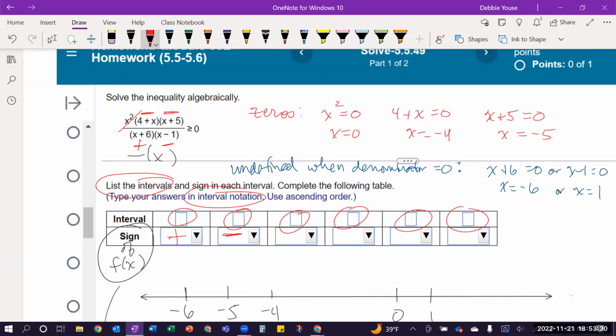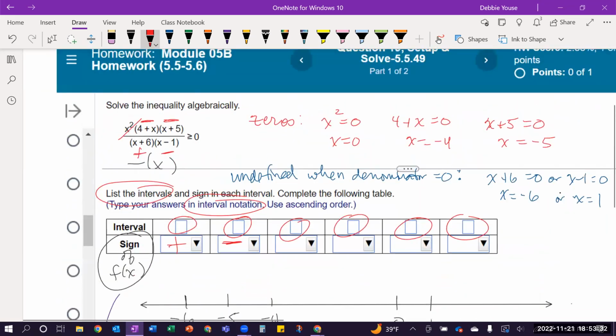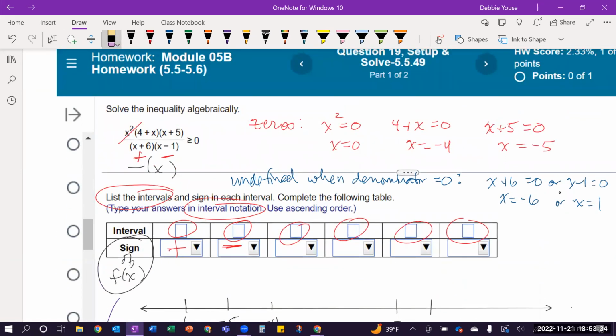I go to the next interval. I had -4.5. So -4.5, do the same thing. 4 plus -4.5, that'll be negative. The next one will be positive. On the bottom, positive, and then negative. So I'm going to have a negative divided by a negative, which is positive.